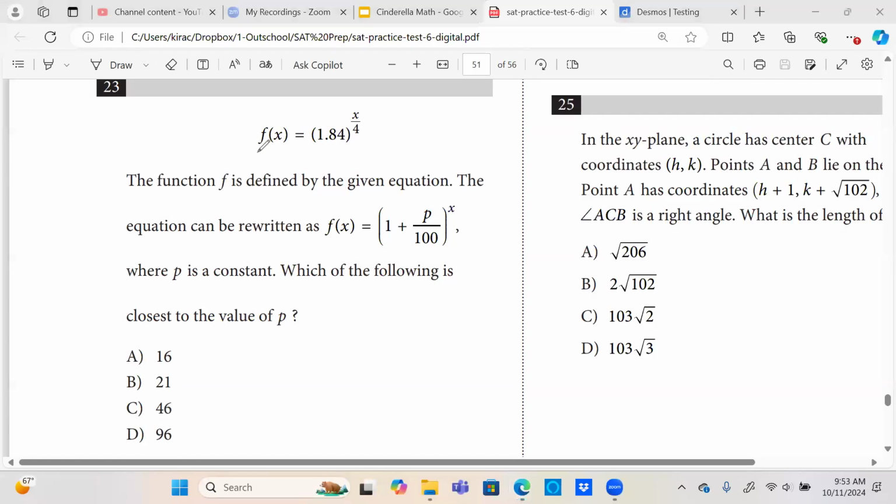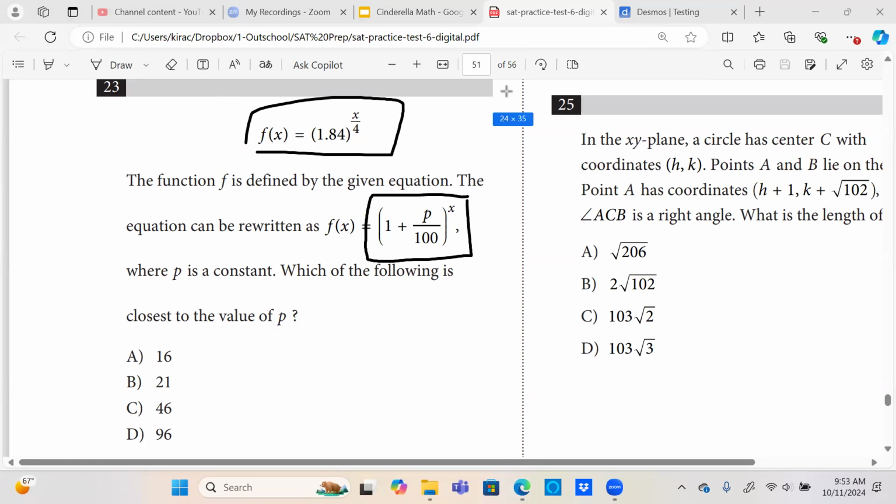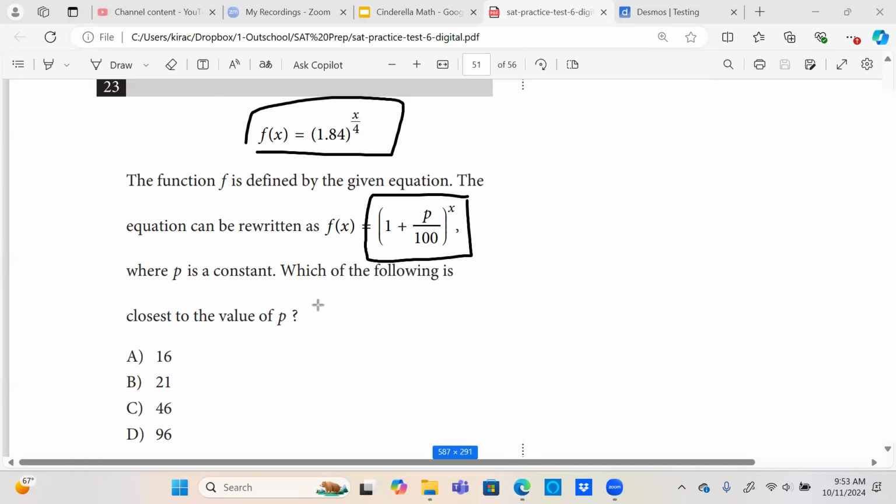So if you look at our original function, it's 1.84 to the power x over 4. We want to rewrite it like this. Yucky. Okay. Trying to think of, again, I think there's multiple ways to do it. Trying to think of the easiest.